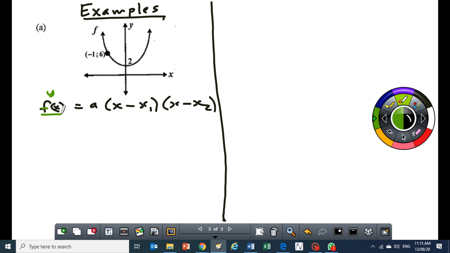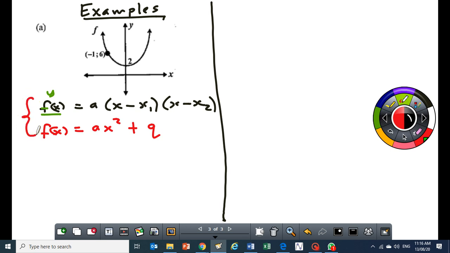If you remember very well, when I started the topic, I told you that the general equation of a quadratic function is f of x equal to ax squared plus q. So, when you want to find the equation of a quadratic function, you have to use either one of these two.